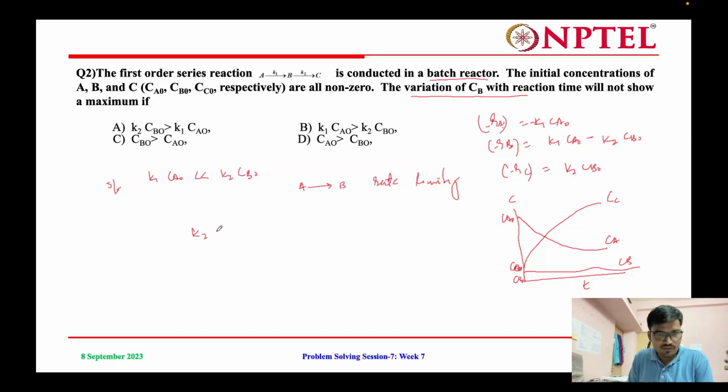K2 will not be greater than K1. So at this condition, the variation of CB with reaction time will not show a maximum.